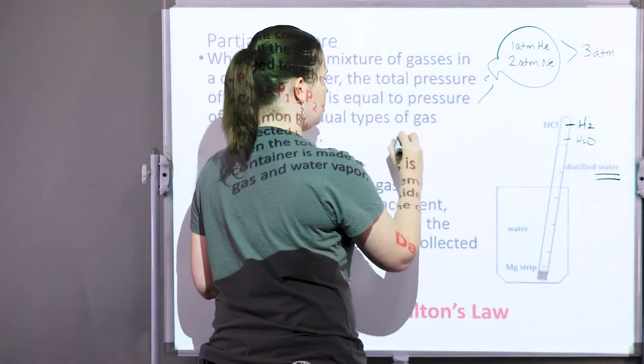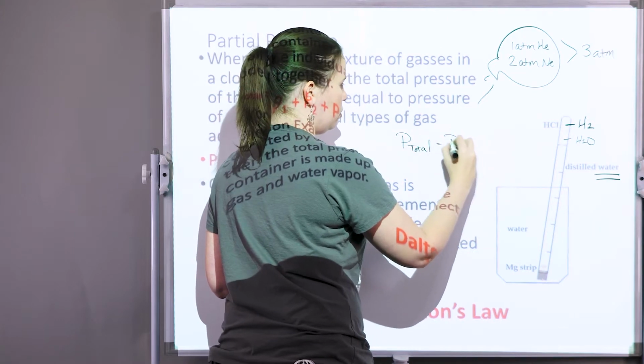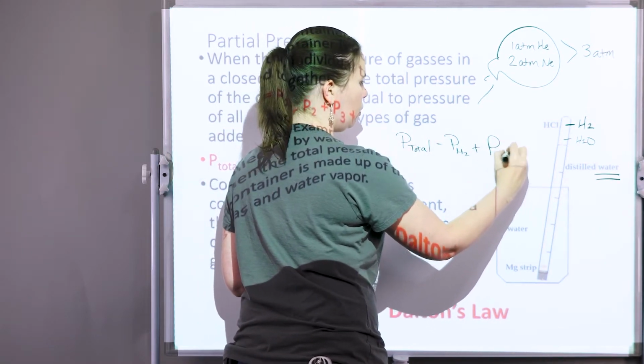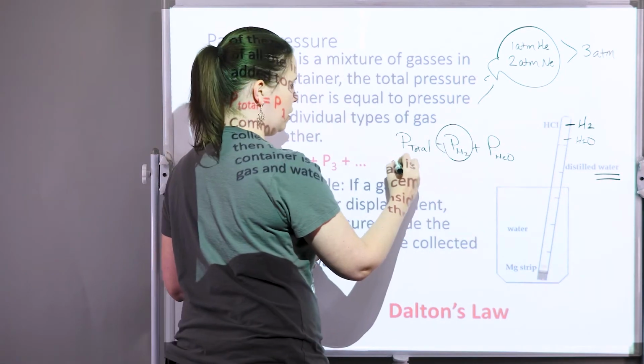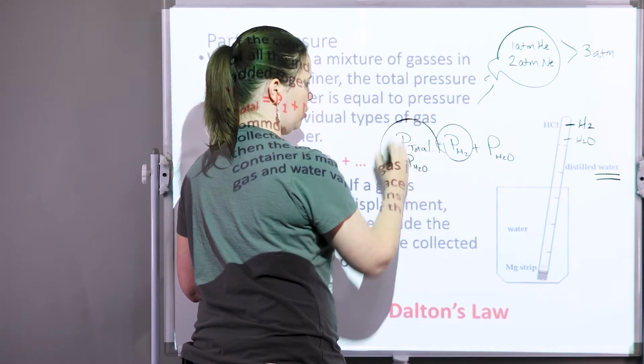So the total pressure would be the pressure of the hydrogen gas and the pressure of the water. And so if we wanted to isolate the pressure of the hydrogen gas, you would have to take your total pressure and subtract out the water pressure.